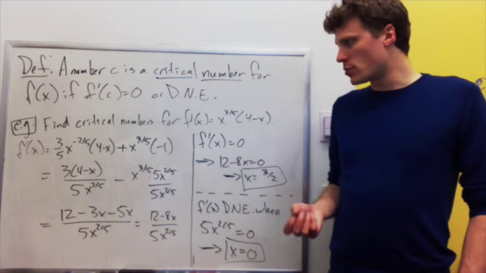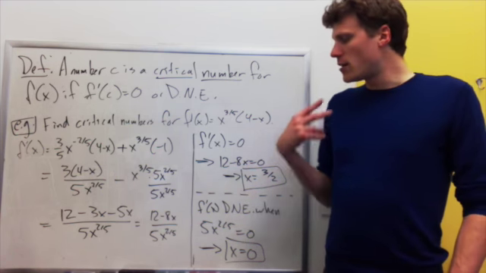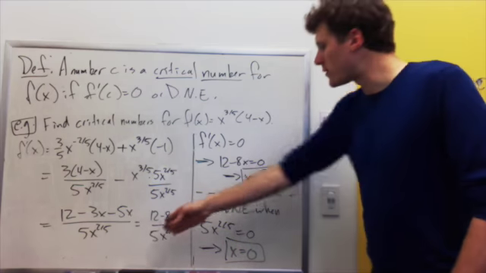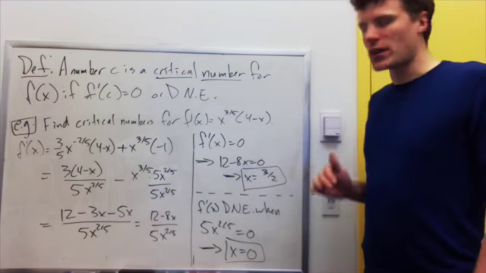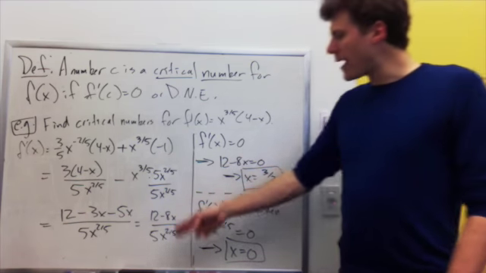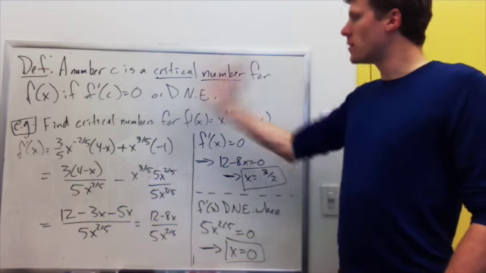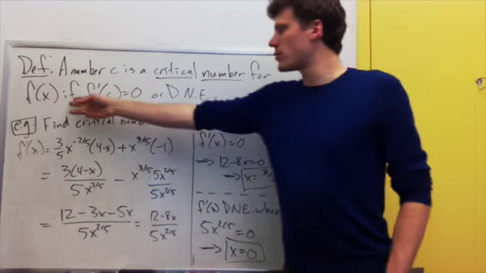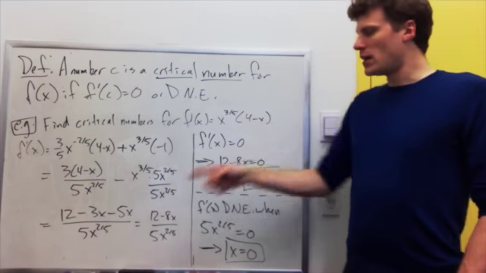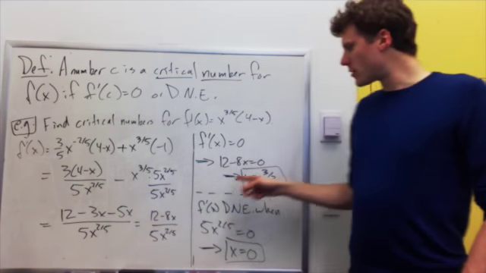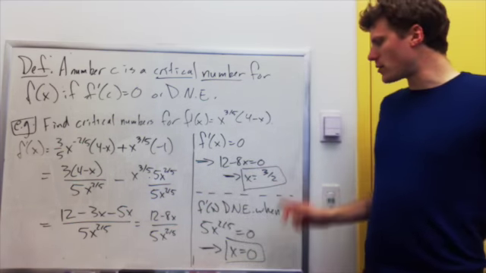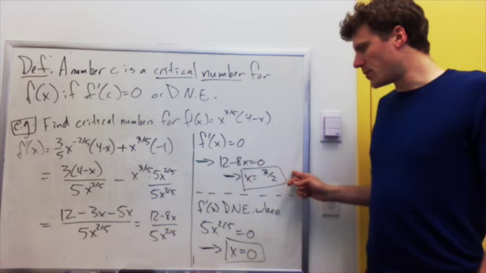Here it's going to be really important for us to simplify expressions because now I want to say things like, when is this equal to 0? Or when does this not exist? Well, since I have a fraction, it's going to be equal to 0 precisely when the top is 0. So to find the critical numbers, we say, first of all, when is the derivative 0? The derivative is 0 when the numerator is 0, so 12 minus 8x is 0. We solve that to get 3/2.